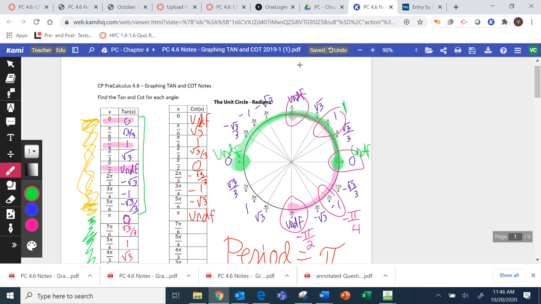We will have a 1, we will have a 0, and then we will have a -1. So it's kind of the same values, just they're in different places in the two graphs. So can you see how I did the pink first and fourth quadrants? The green is first and second quadrants.